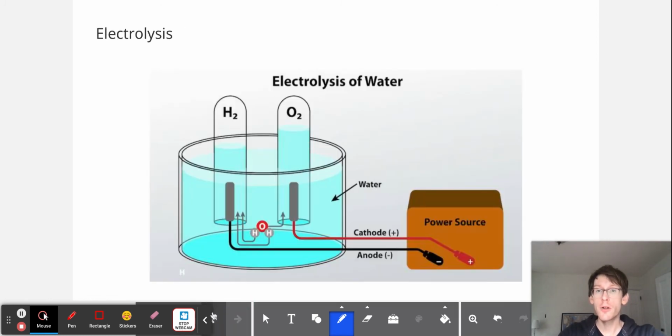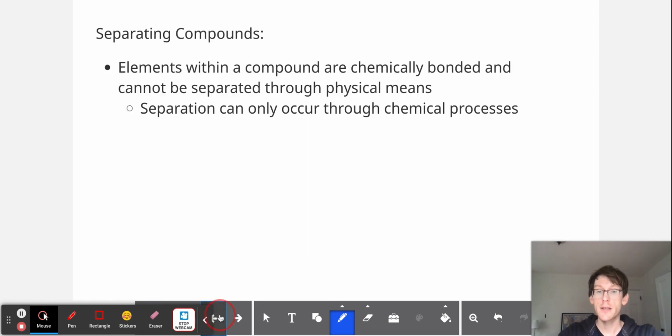Now, those were all physical techniques of separation, and they separate mixtures. But to separate compounds is a different story, because elements that are within a compound, they are chemically bonded together, and so you can't simply use different physical properties to cause separation.